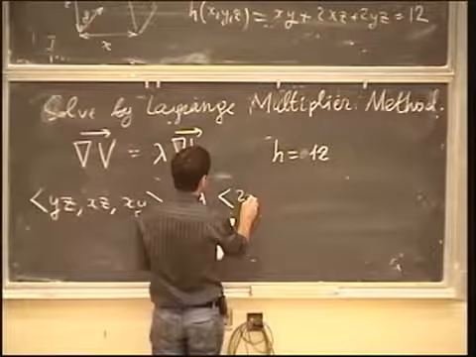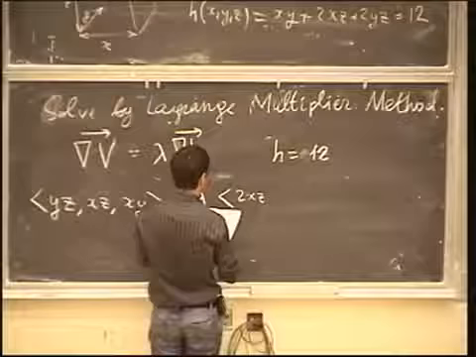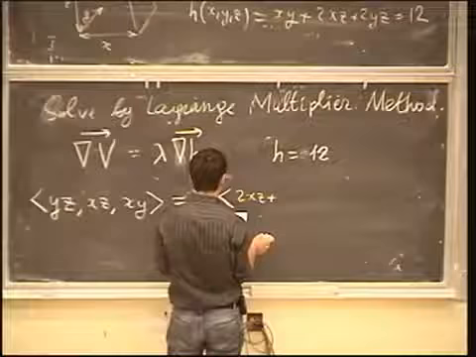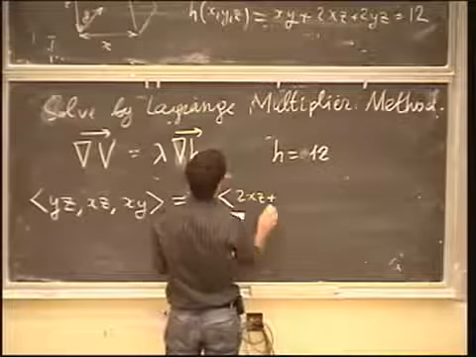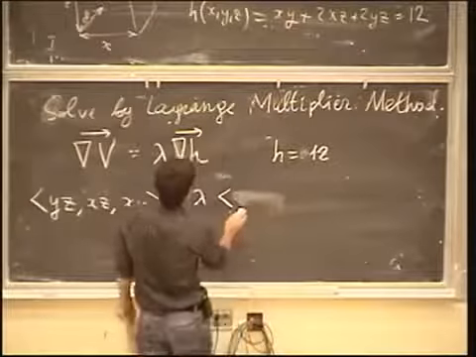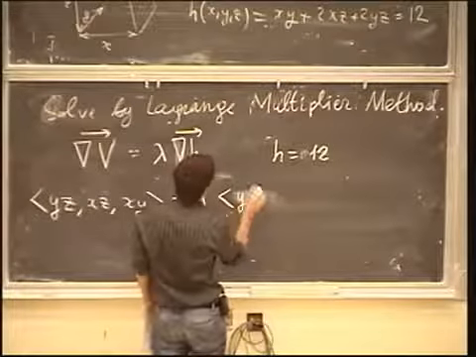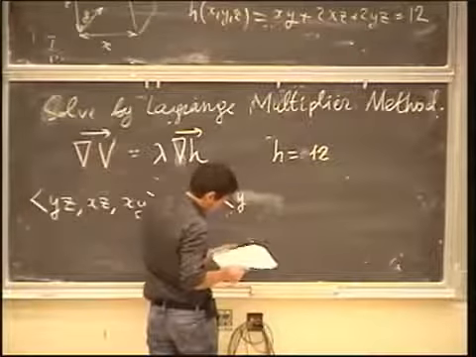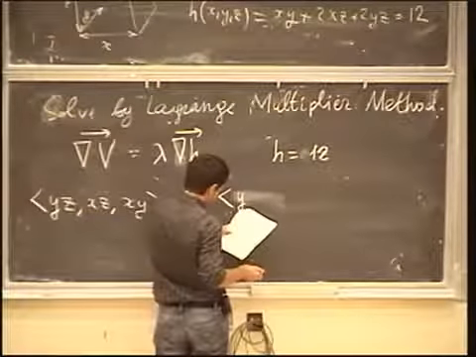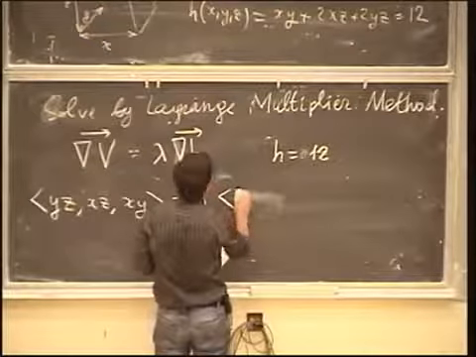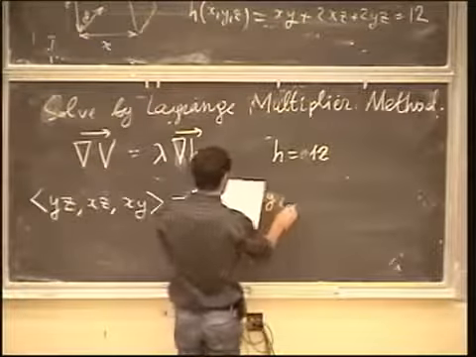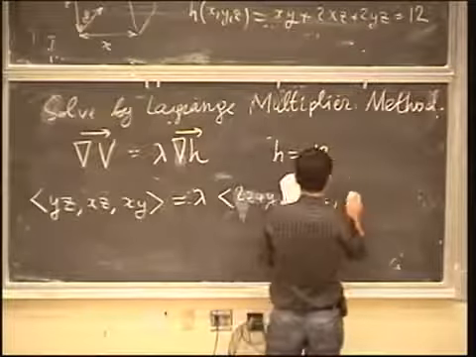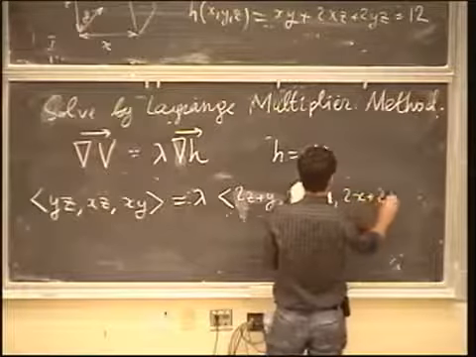It's 2z plus y, 2z plus x, and 2x plus 2y.